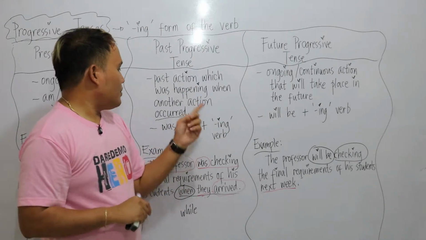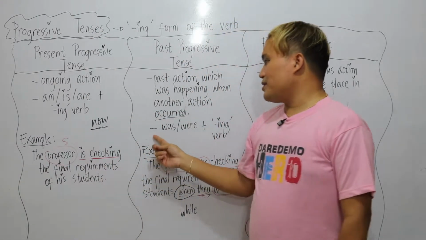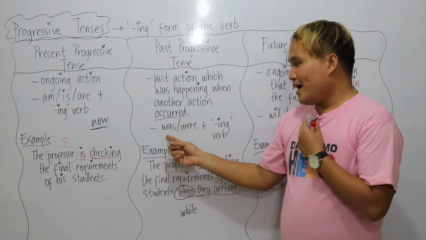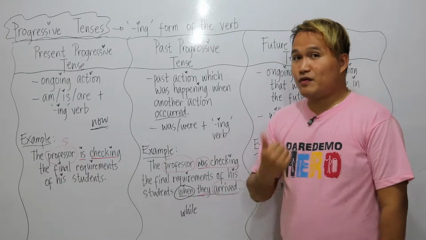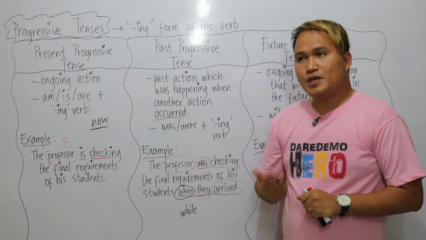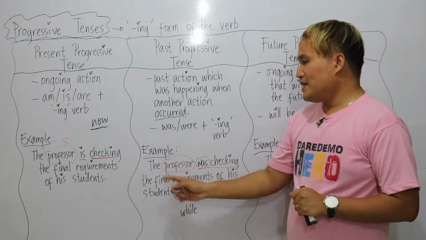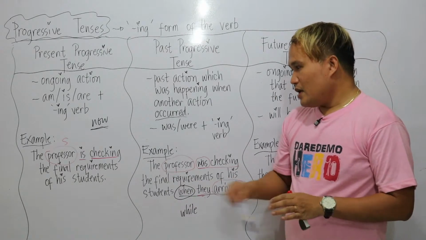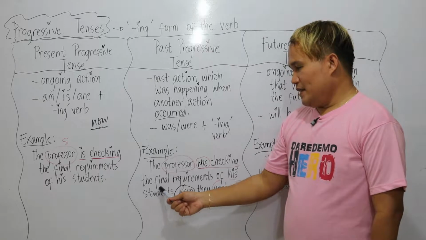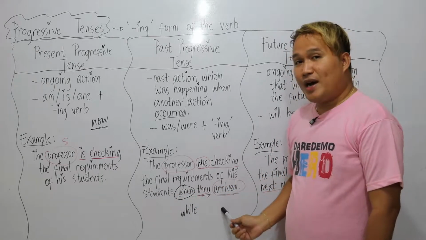So let's try to have the formula here, the form of the past progressive tense. For past progressive, we have was if the subject of course is singular, were if the subject is plural, plus the ing form of the verb.